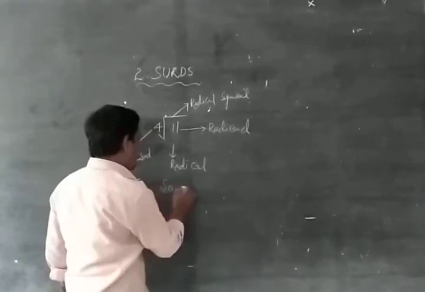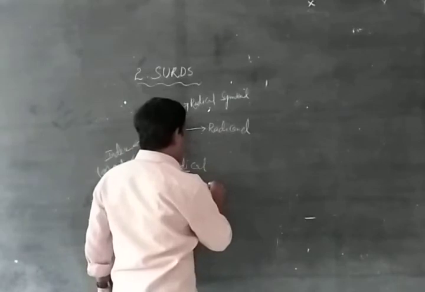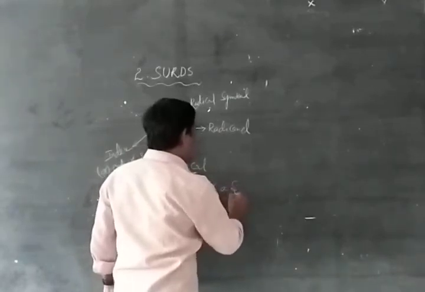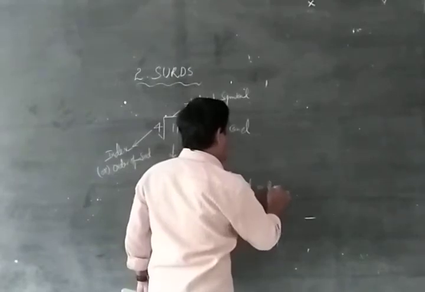So fourth root of 11 is a surd or radical.